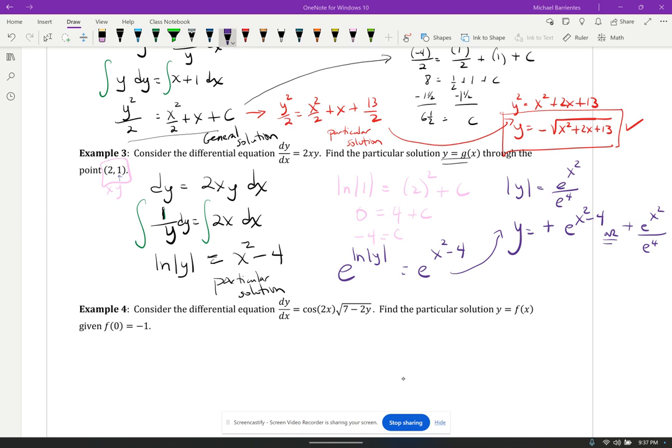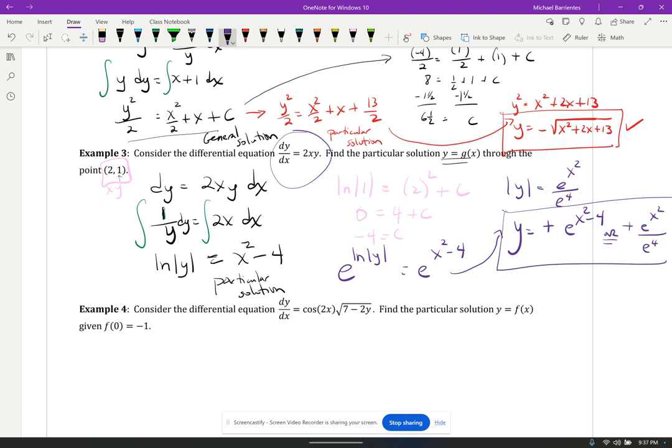If I substitute 2 into my x value, 2 squared is 4, 4 minus 4 is 0, and e to the 0 is 1, and that's a positive 1. That's what my y is over here. So this or this, depending on how you want to write it out, is the particular solution to this differential equation.